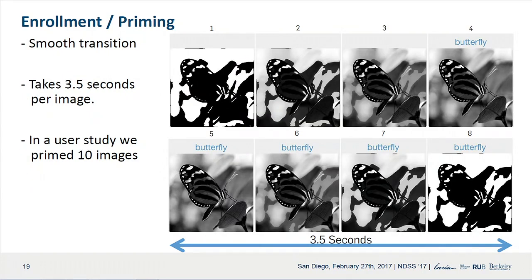In more detail, the enrollment or priming phase involves the smooth transition between the Mooney image, then the grayscale original image, and above it a label, and then the label stays there and the image fades back to the Mooney version. This process takes approximately 3.5 seconds, and in our user study we used 10 images which were primed on the user.